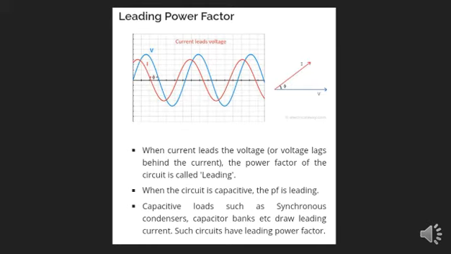When the circuit is capacitive, the PF is leading. Capacitive loads such as synchronous condensers, capacitor banks, etc. draw leading current. Such circuits have leading power factor, as you can see here in the graph representation.